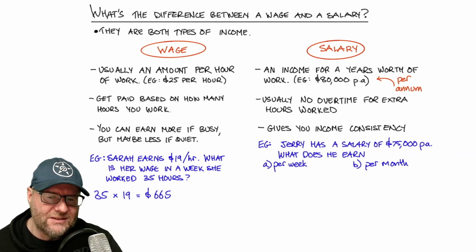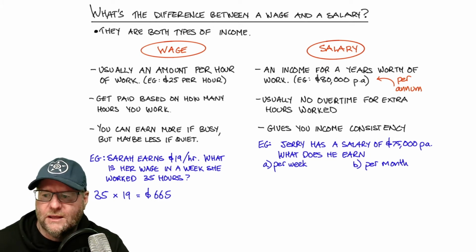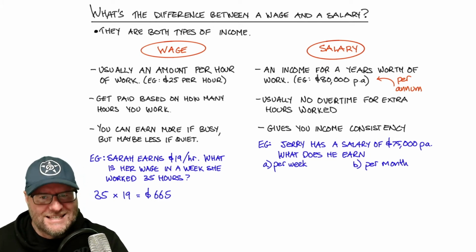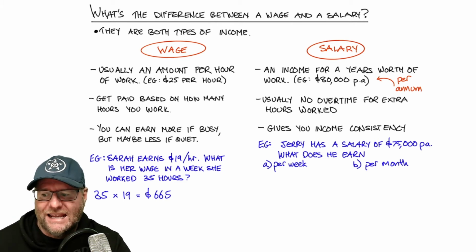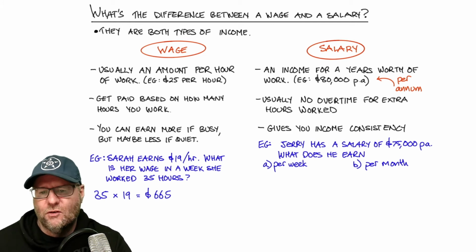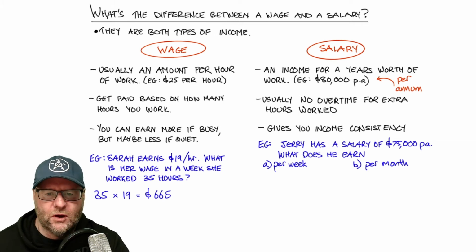Now, the maths that we often do with this is we can convert these to weekly or monthly amounts. So if Jerry has a salary of $75,000 per annum, so every year he gets $75,000, well, what is his weekly amount? Because even if you're on a salary, you don't get paid once a year. You might get paid weekly or fortnightly, but you get an amount that reflects that over a whole year.